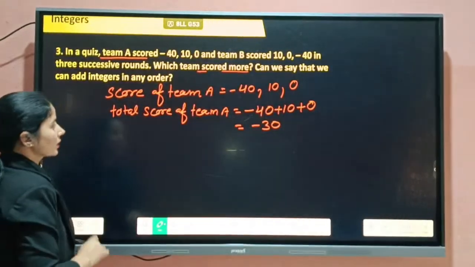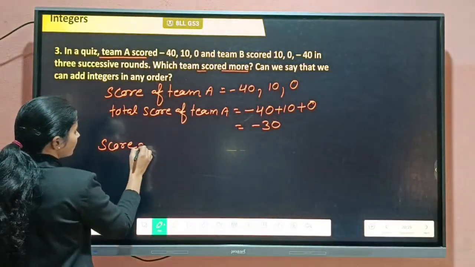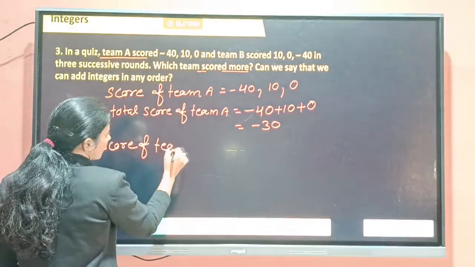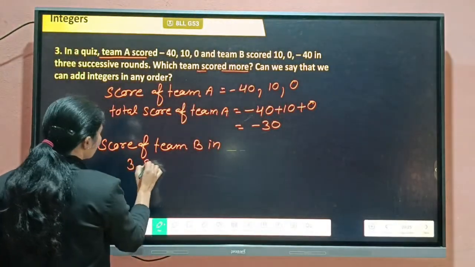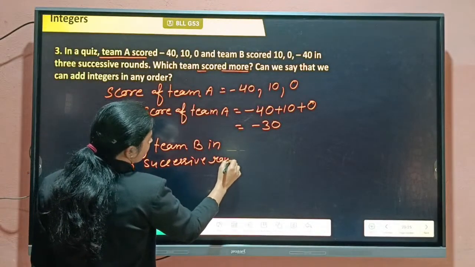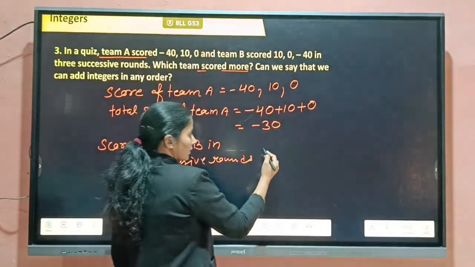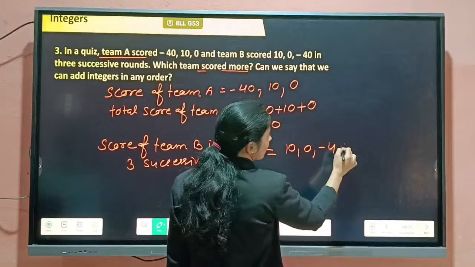The answer is minus 30. Similarly, we will write the score of team B in 3 successive rounds: 10, 0 and minus 40.